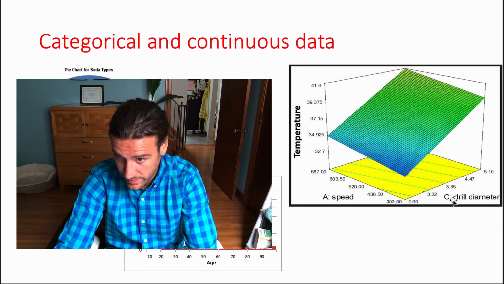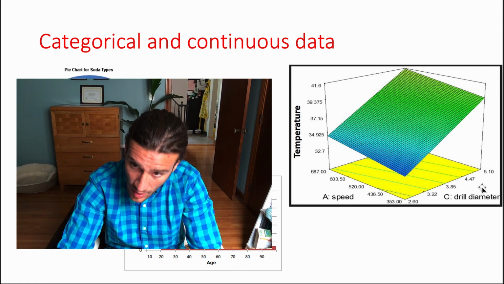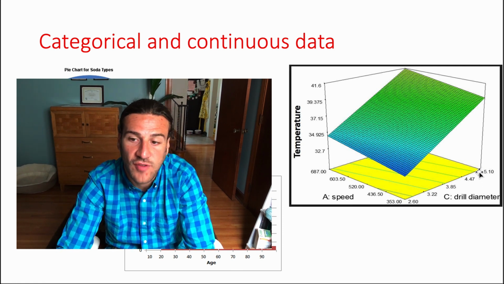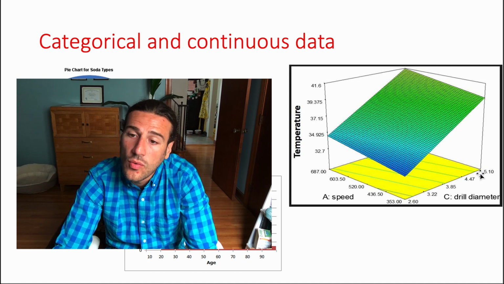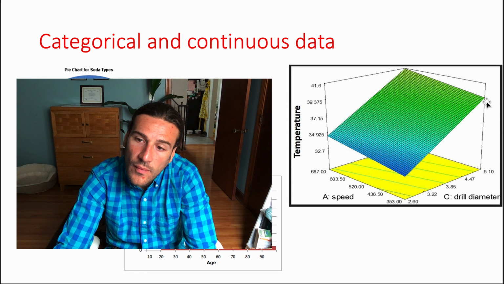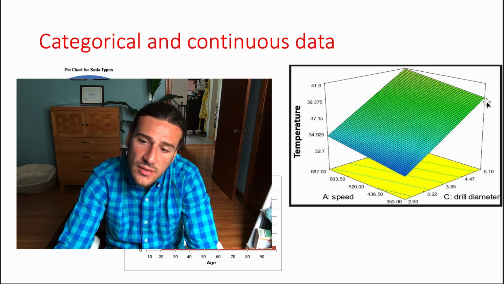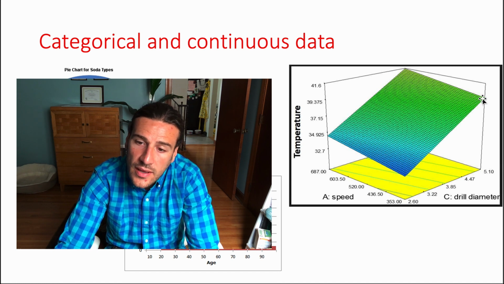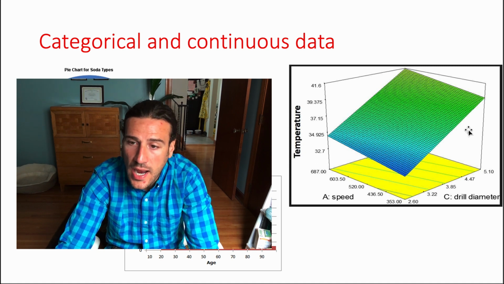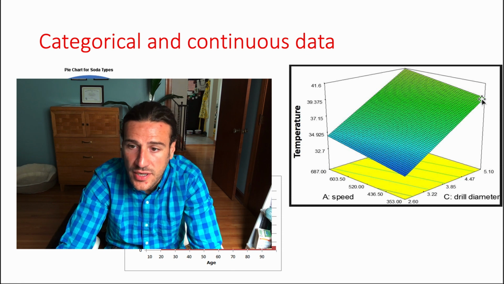So let's say we have a drill diameter of 5.1 millimeters. We can figure out that a drill that is 5.1 millimeters at the speed of 353 RPMs, the temperature is going to be somewhere along here, right?